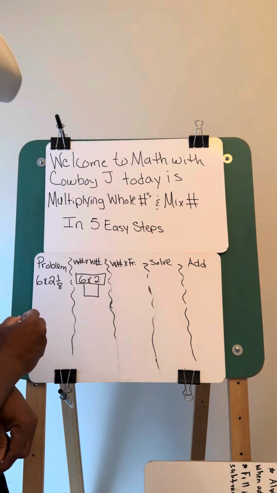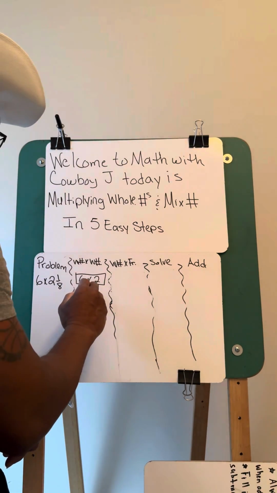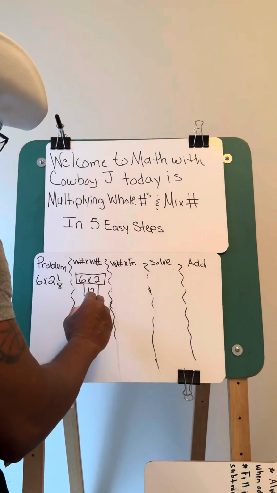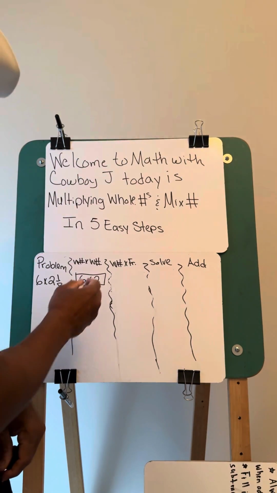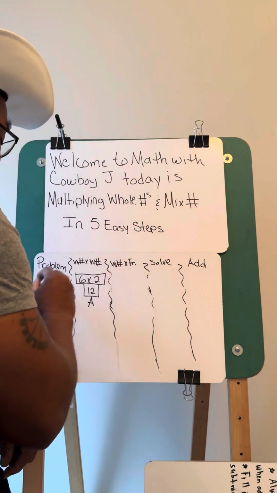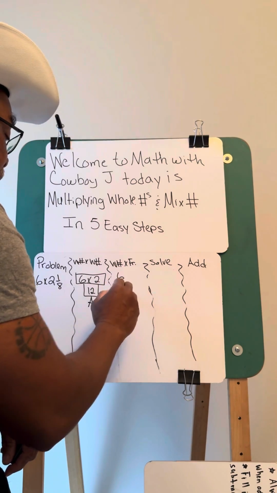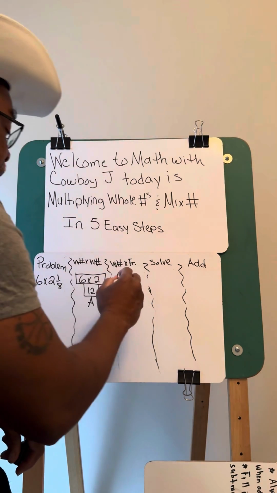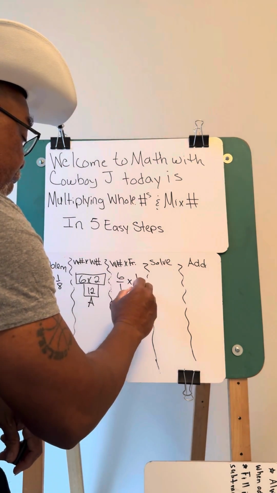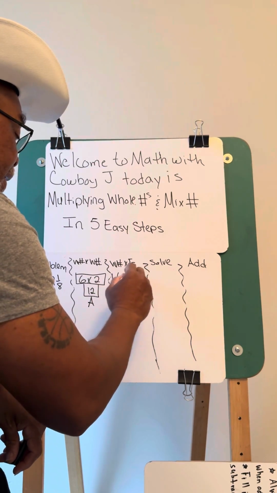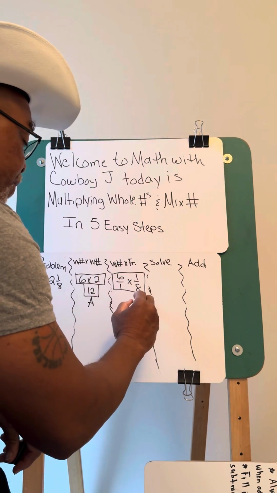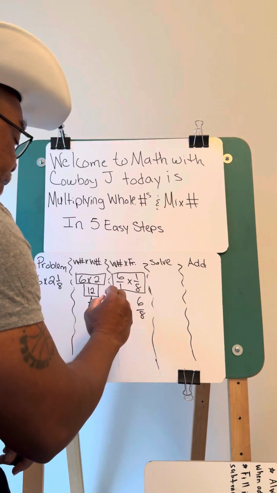And 6 times 2 is, if you said 12, you would be correct. Now my fraction, I'm going to write 6 over 1 because it's still a whole number times 1/8. I multiply straight across, which gives me 6/8.